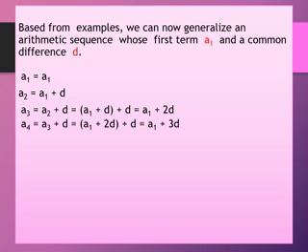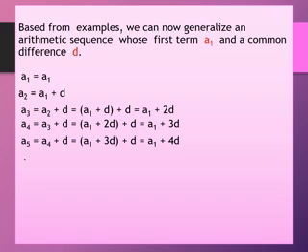Then a sub 4 is equal to a sub 3 plus d, which is a sub 1 plus 2d plus d, or a sub 1 plus 3d. Next, a sub 5 is equal to a sub 4 plus d, which is a sub 1 plus 3d plus d, or a sub 1 plus 4d.